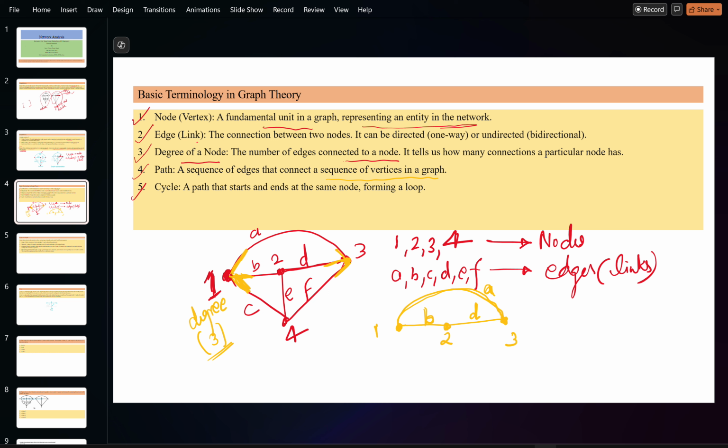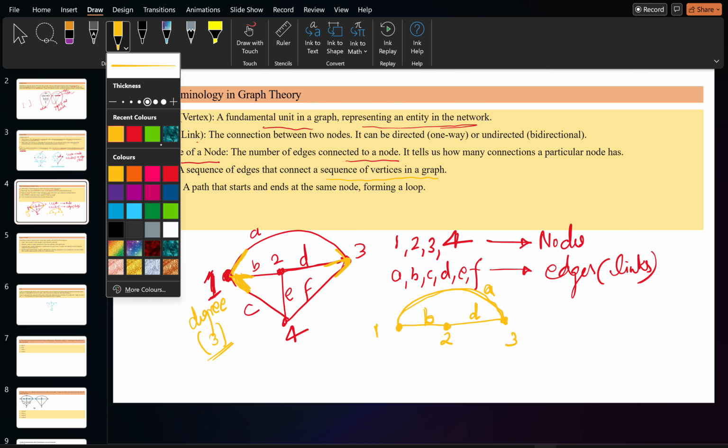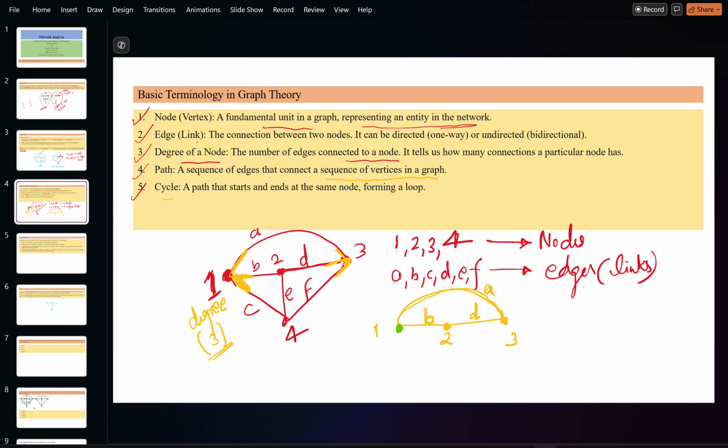Okay. What about the cycle? A cycle is usually a closed path. Suppose I have taken the same example here. This is node 1, node 2, node 3. Suppose I started from node 1, went to node 3, then came back to node 2, and then came again to node 1. So this is a kind of circular path.